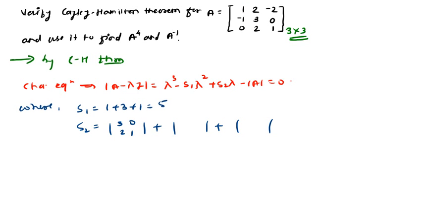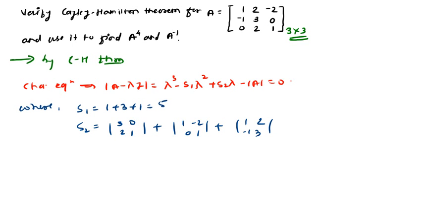The second one is this element, hide this row and column: [1 -2; 0 1]. And the third element is this, so hide this row, this column: [1 2; -1 3].